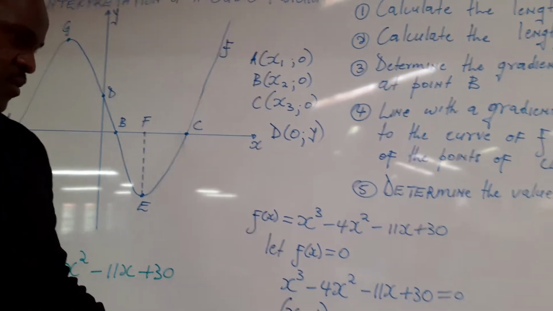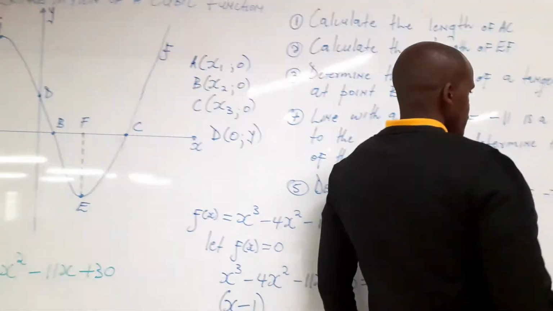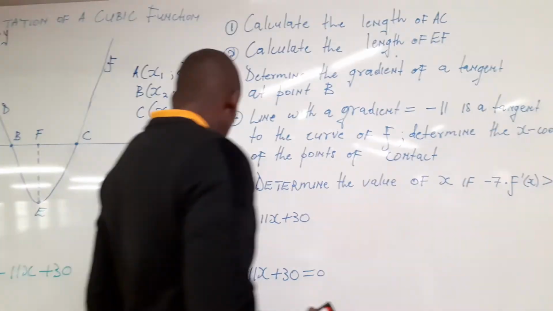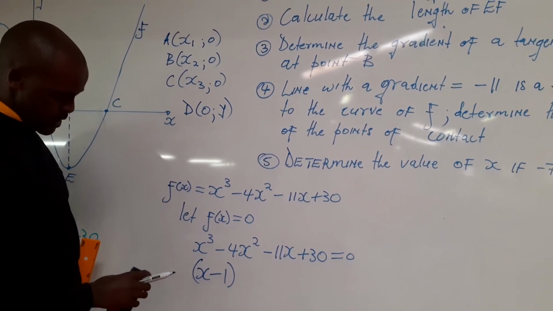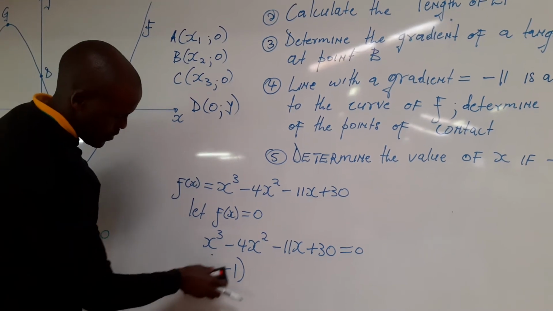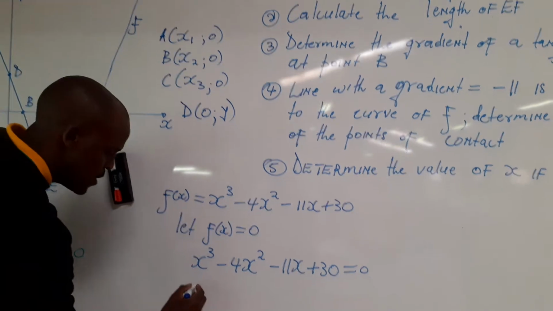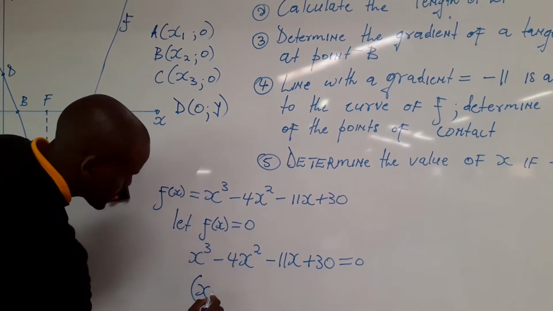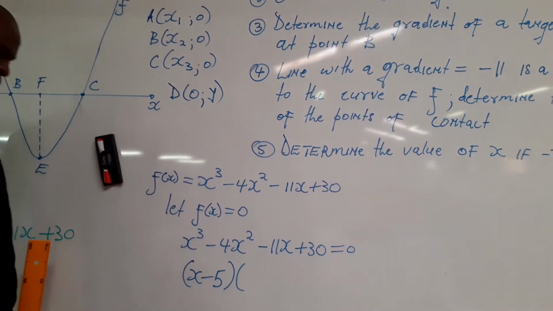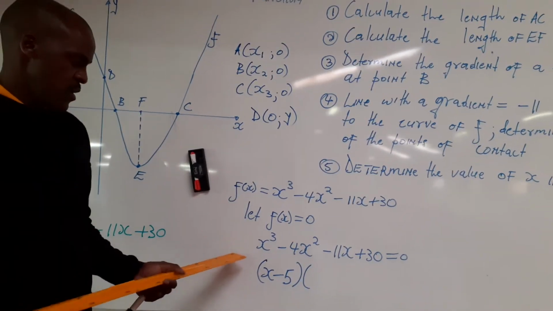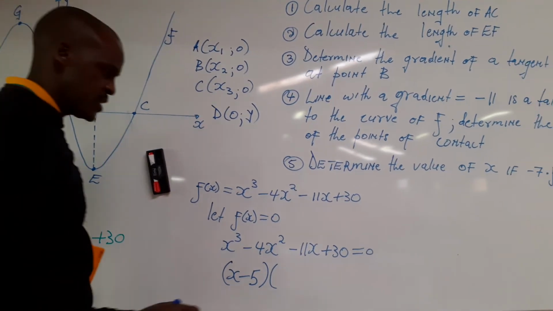Our first factor will be x minus 5. And then let us now find our quadratic in the second bracket.